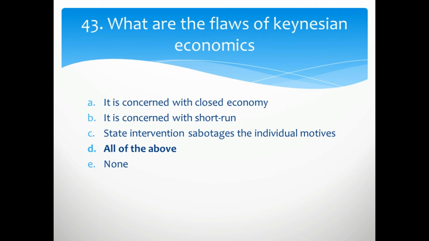The right option is D, that is all of the above. All of these flaws are present in Keynesian economics. That is, A: it is concerned with the closed economy. B: it is concerned with the short run, and C: state intervention undermines individual motives. All three flaws are present in the Keynesian theory of income and employment.